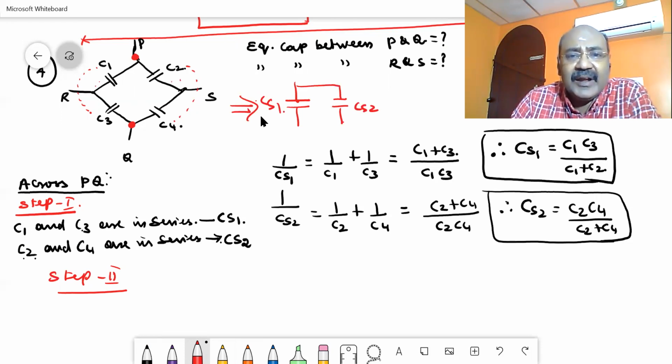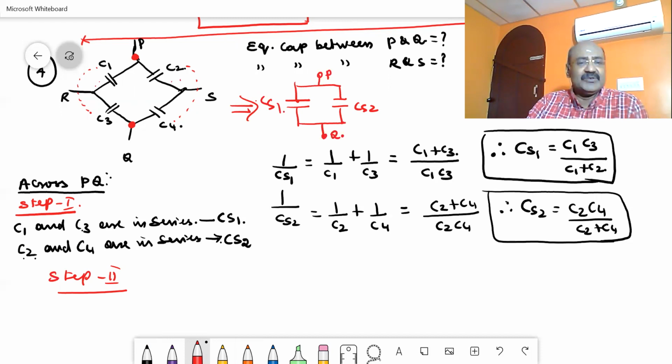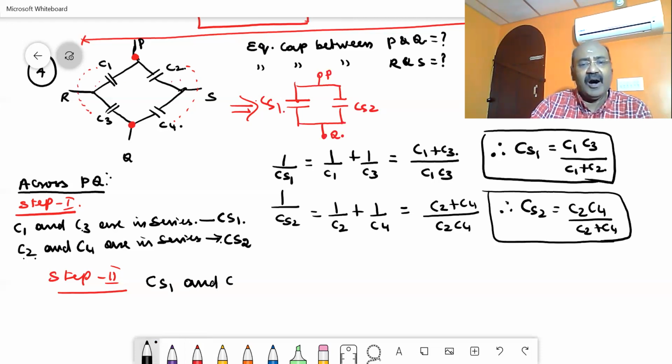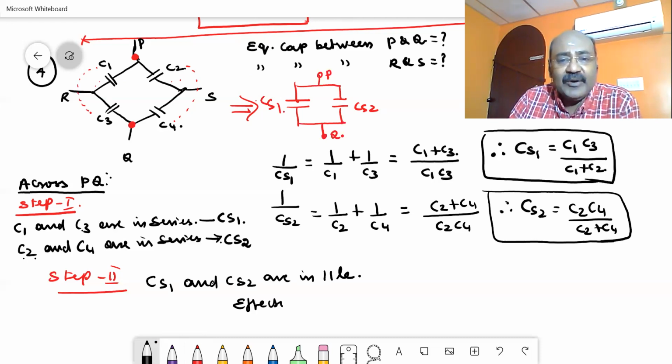Here you are having P and here you are having Q. So what is step 2? Step 2, we can write CS1 and CS2 are in parallel. If CS1 and CS2 are in parallel, then I can calculate the effective capacitance. So the effective capacitance Cp is equal to CS1 plus CS2.